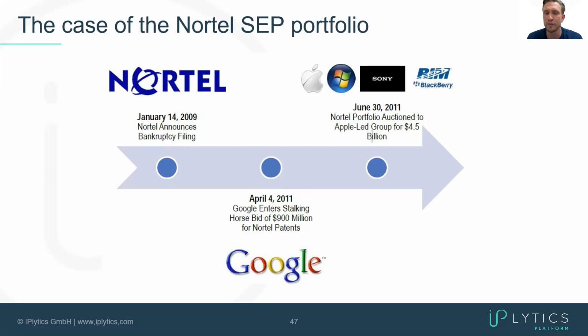And they also entered the bidding for the Nortel patent portfolio, and they offered 4.5 billion, right? So, 5 times more than what Google offered. And obviously that consortium won the bid. So the Nortel patents went to that consortium of Apple, Microsoft, Sony, and BlackBerry.